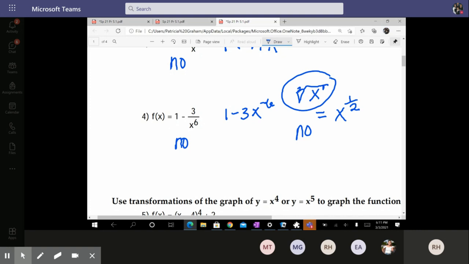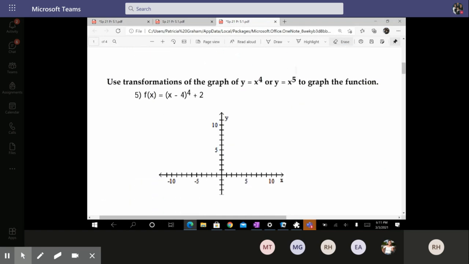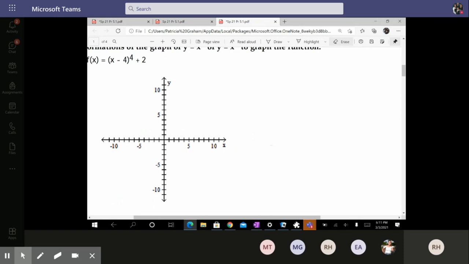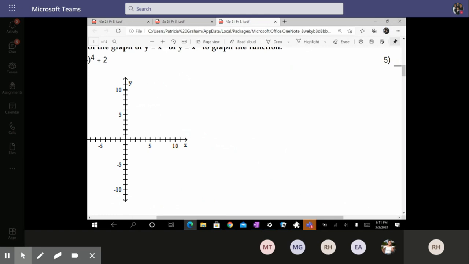All right, so we're going to talk about an even or an odd exponent. So before I look at that problem there, I just want to talk about y equals x squared.